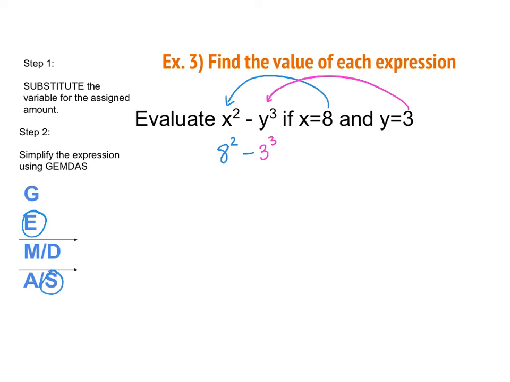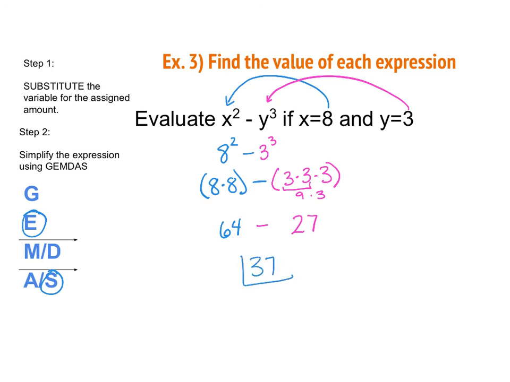So exponents is going to come first. So 8 squared means 8 times 8 minus, and then 3 cubed. This is a little bit tricky, but it's 3 times 3 times 3. So 3 times 3 is 9. So 9 times 3 is 27. And then I need to do 8 times 8, and that's 64. So now I'm going to go ahead and solve and do 64 minus 27, which is 37.